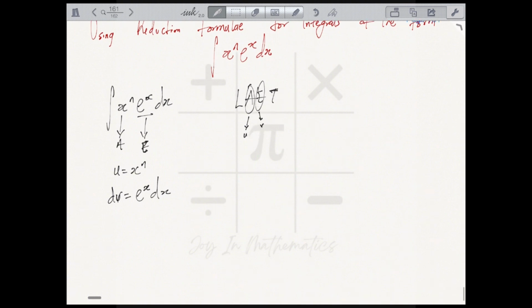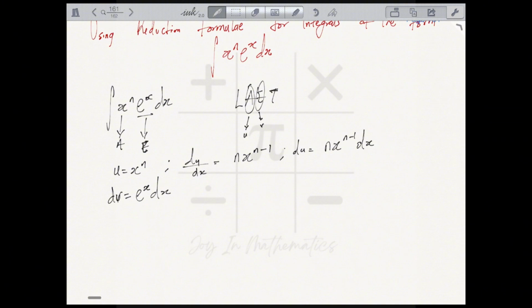In this case, we will have to evaluate du, and du/dx in this case is nx raised to the power n minus 1, and therefore du will be nx raised to the power n minus 1 multiplied by dx.